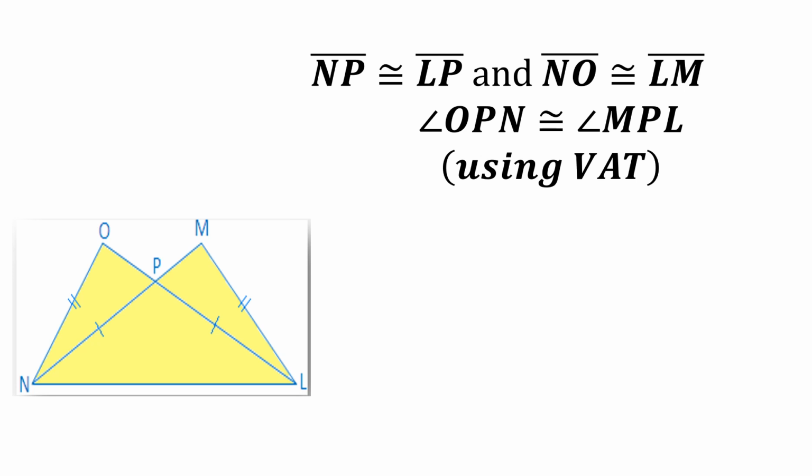Last exercise. Side NP is congruent to side LP, and side NO is congruent to side LM. And using vertical angle theorem again, we can say that angle OPN is congruent to angle MPL. So do you think the two triangles are congruent?